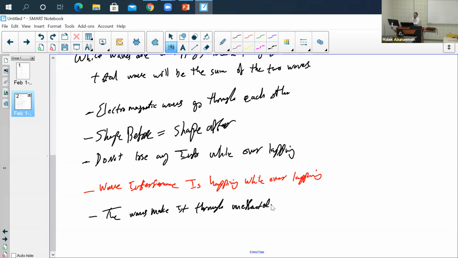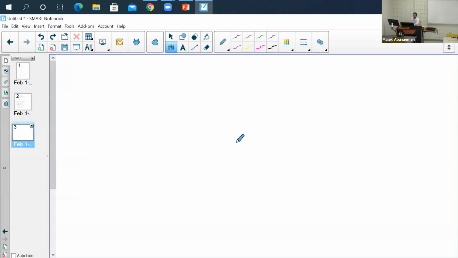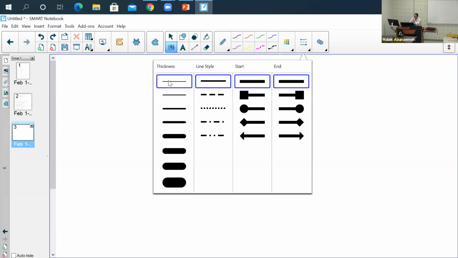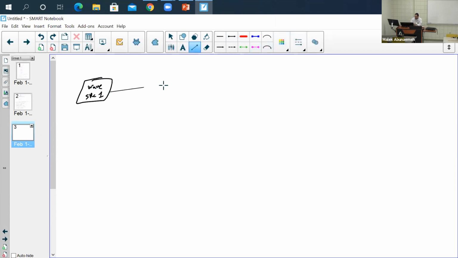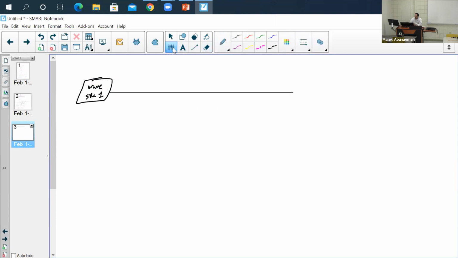Now, supposedly you have two sources of waves. Let's say you have, actually, let me do black. So this is your wave source 1. And let's say this is our equilibrium line. And let's say I'm going to get a different color for wave source number 2.